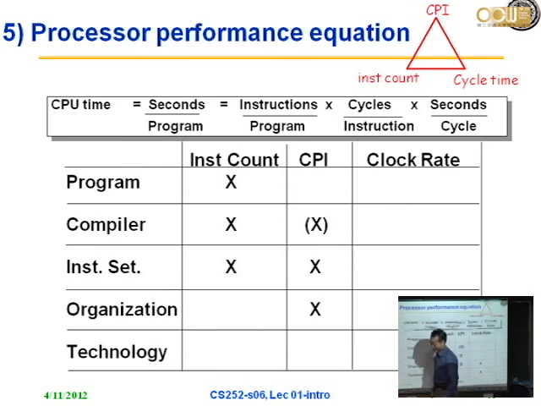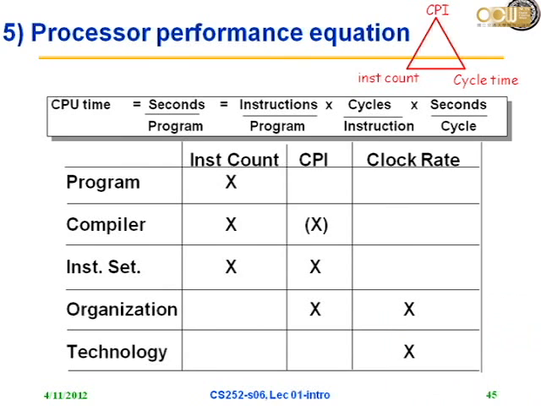Instruction set. If you're going to design a completely new CPU, you start with the instruction set architecture. What instructions do you want to choose? And the compiler. A good compiler can always compile a good program for you, so the instruction count may reduce. And the CPI, maybe, for instance, for a CISC computer, I'll choose to use the simpler instructions.